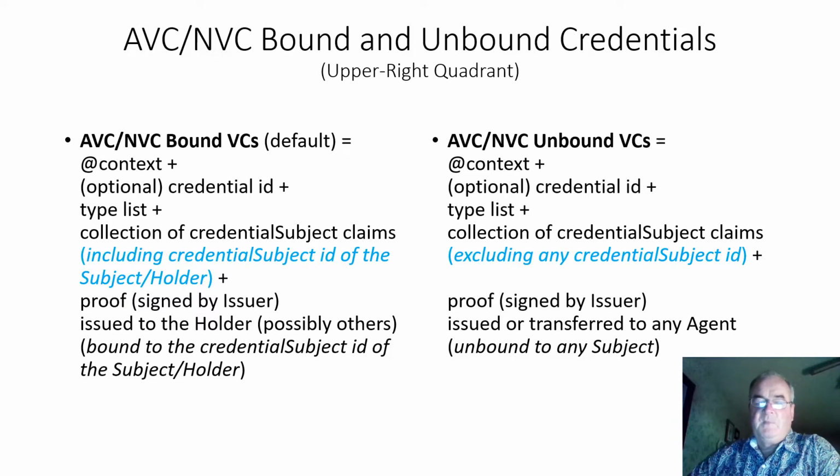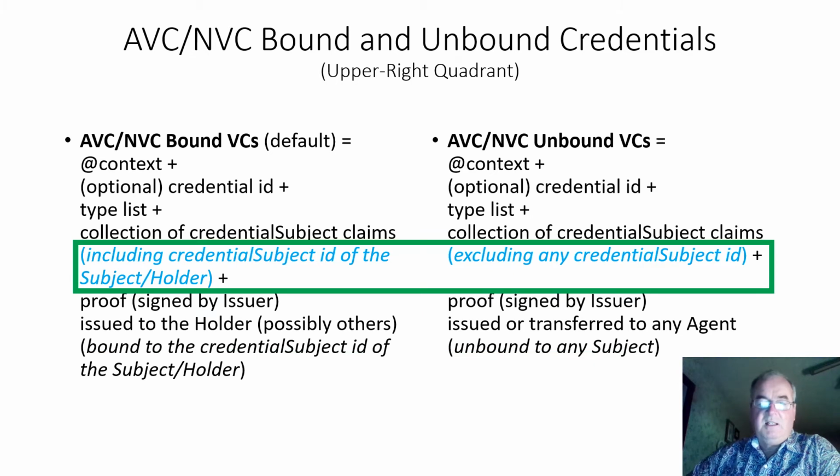So just for the technical record, the difference between named verifiable credential, bound and unbound credentials is whether or not they have a credential subject ID, and whether that credential subject ID has a value, an identifier. If it does have an identifier on the left-hand side, we call those bound verifiable credentials.